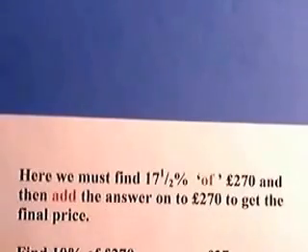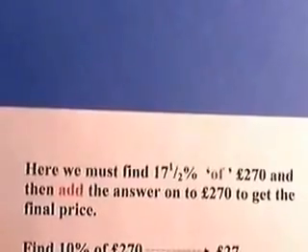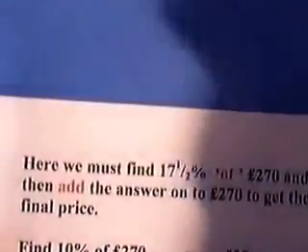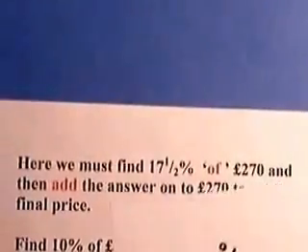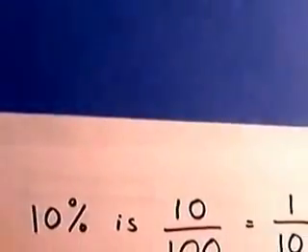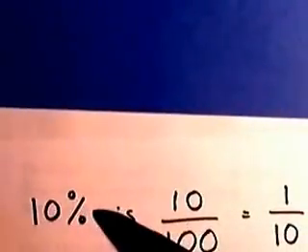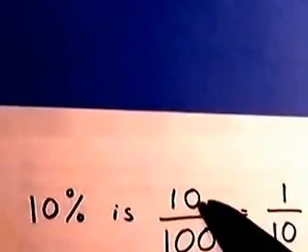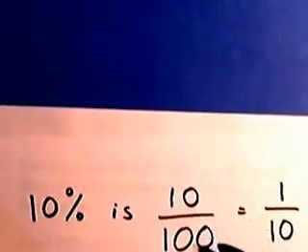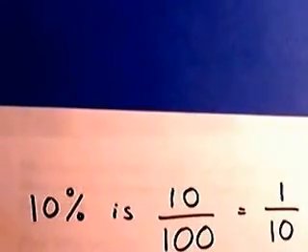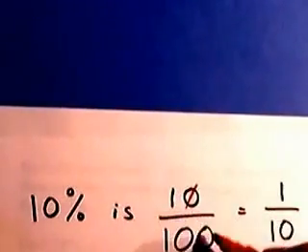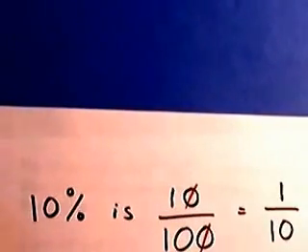The first thing you must do is find 10%. Find 10% of £270. Well, it is £27. If you don't understand where that comes from, I'll show you. 10% is the same thing as 10 over 100, 10 out of 100, which is really 1/10.